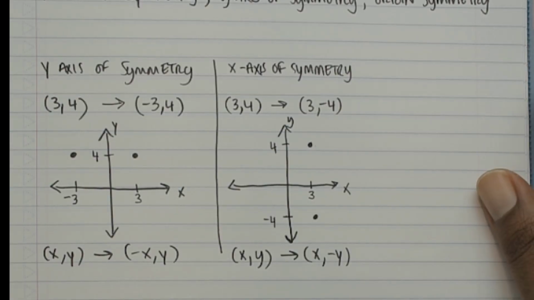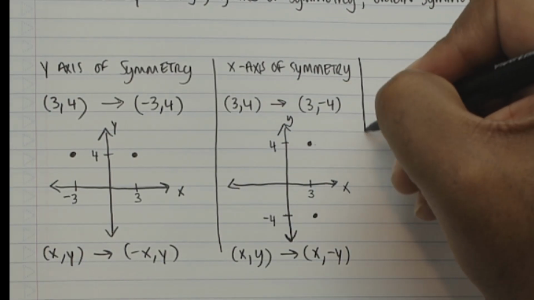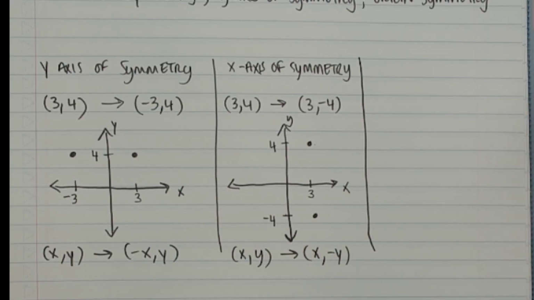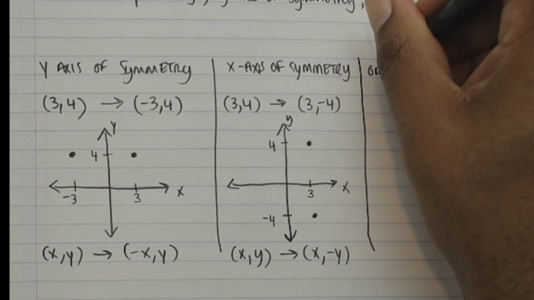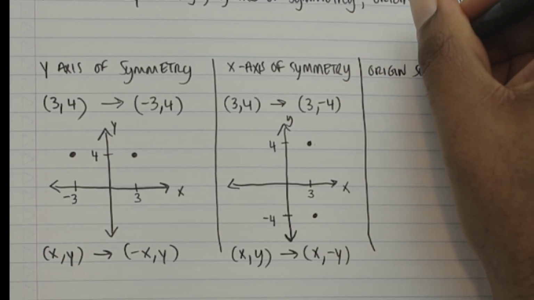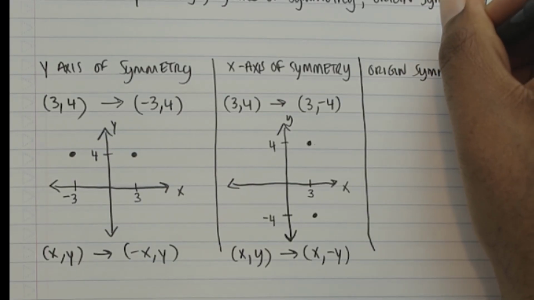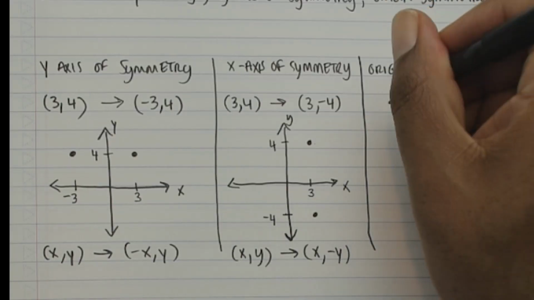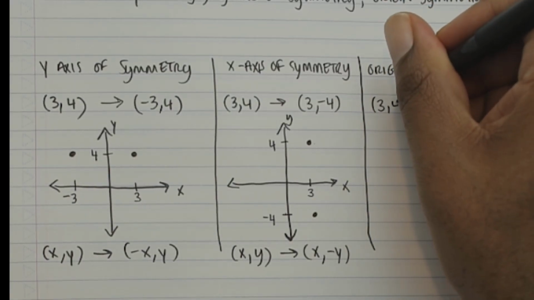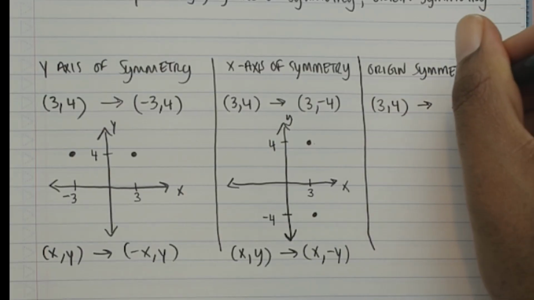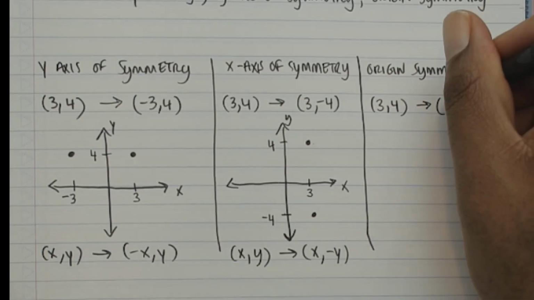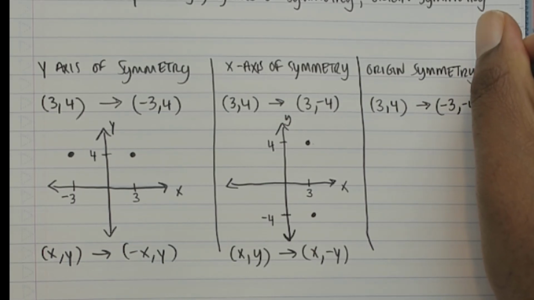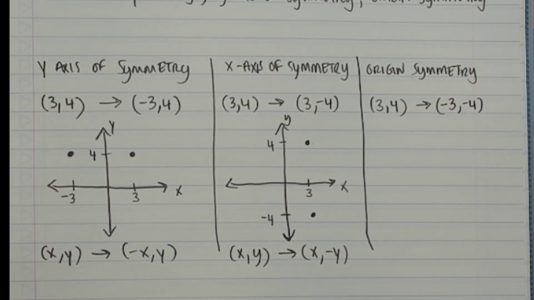Finally, when we think about symmetry with respect to the origin, if the point (3, 4) is on the graph, then (-3, -4) is also on the graph.